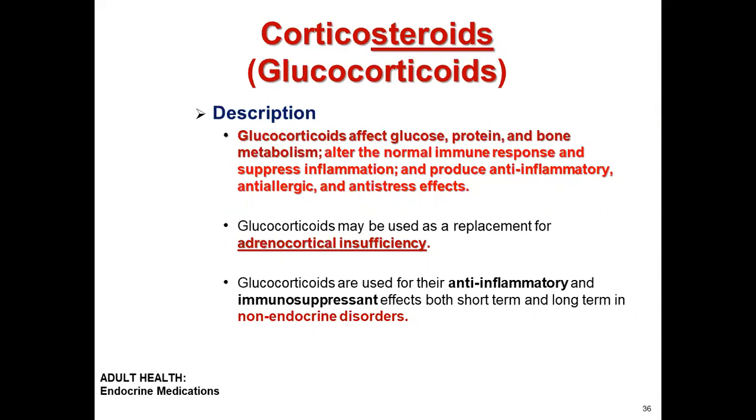So if anybody takes glucocorticoid or cortisone for a long time, they have a chance to develop bone erosion, we call osteoporosis. So after the normal immune response and suppression of the inflammation, they produce anti-inflammatory, anti-allergic and anti-stress effects.